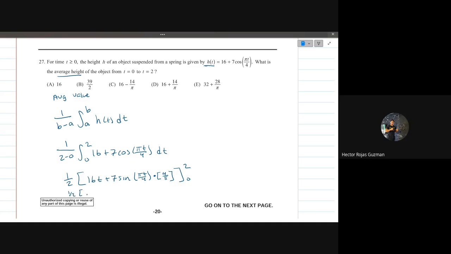1/2. 16 times 2 is 32, plus 7 sine of 2 pi over 4, or pi halves, minus 16 times 0 is 0. 7 sine of 0 is 0. So we'll just, that is 0.